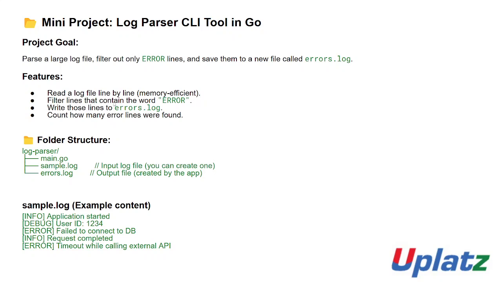Filter lines that contain the word error. Write those lines to errors.log. Count how many error lines were found. Folder structure: log-parser, within it main.go, sample.log, errors.log. Here is the sample log example content: info, application started; debug, user ID 1234; error, failed to connect DB; info, request completed; error, timeout while calling external API.